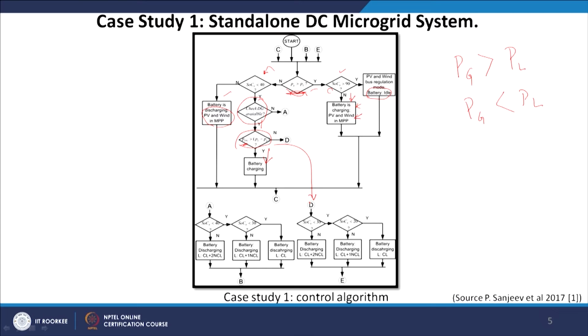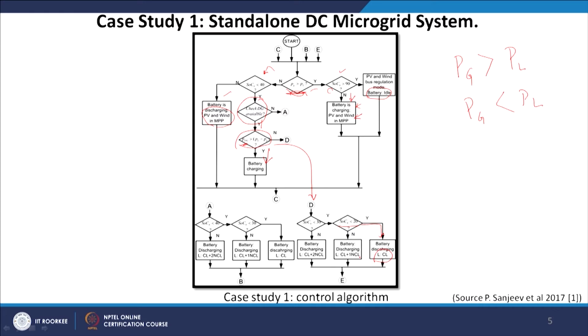Now, here I will see whether the battery state of charge is less than 30%, and then I will check whether it is less than 20%, and if yes, then I can go for battery discharging and a single critical load can be met.